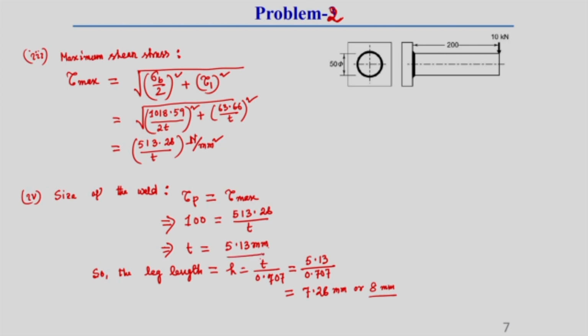So, by this generally we can design these types of welded joint. So, beforehand if you have some structure which is like this, and somebody asks it is subjected to some load P, then what welding dimension you should use.